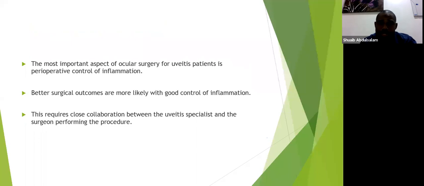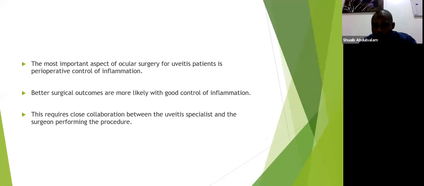For uveitis patients that need to have any type of surgery, the most important part of the management will be your perioperative control of the inflammation. You get your best surgical outcomes when you have good control of inflammation. This requires close collaboration between the uveitis specialist and the surgeon performing the procedure.